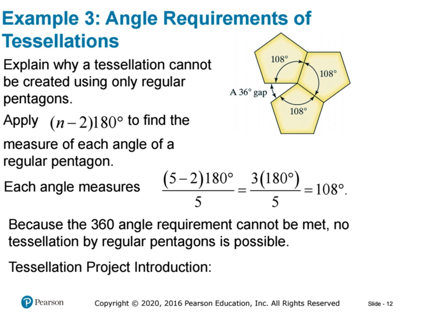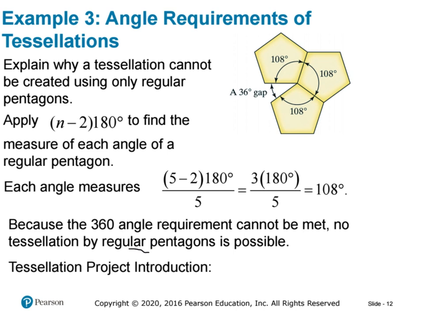And then we look at the requirements for tessellations. So explain why a tessellation cannot be created using only regular pentagons. So you're going to apply that n minus 2 times 180 to find the measure of each angle of the regular pentagon. So 5 minus 2 times 180 over 5, because we want to find out what each angle will equal.